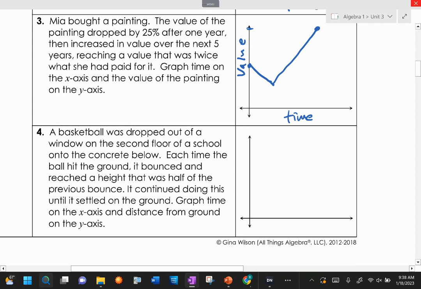I'm going to have you do this one on your own as well. I'm interested to see what this looks like. So number 4. Lizeth, read the first sentence of number 4. Winter, second sentence.